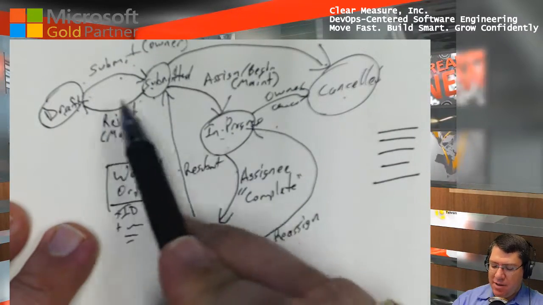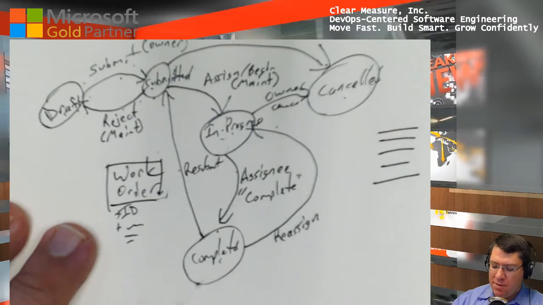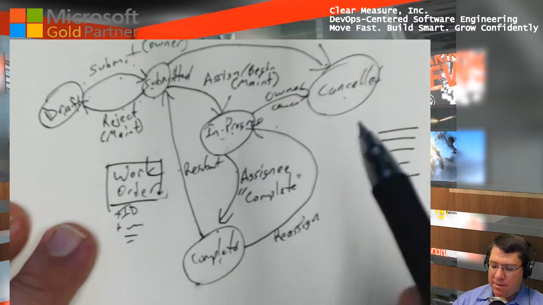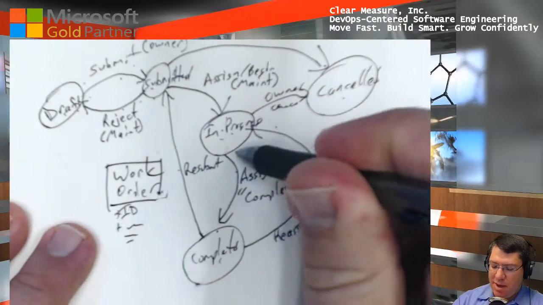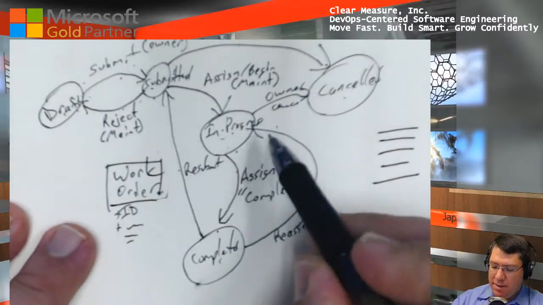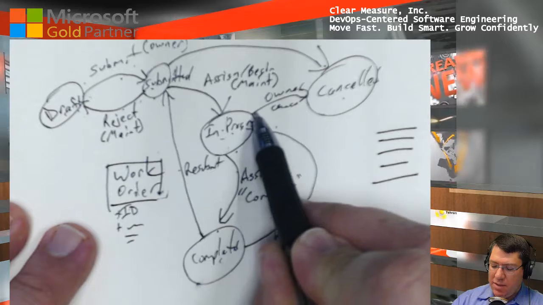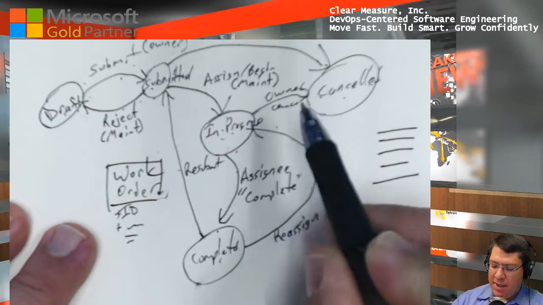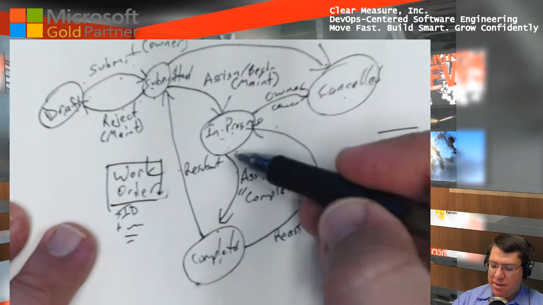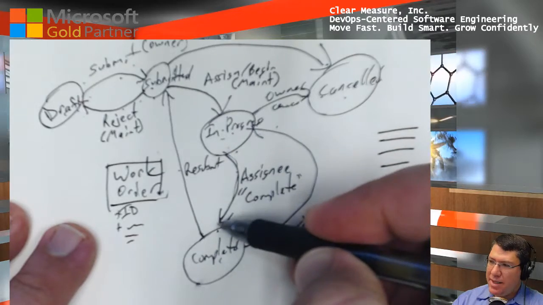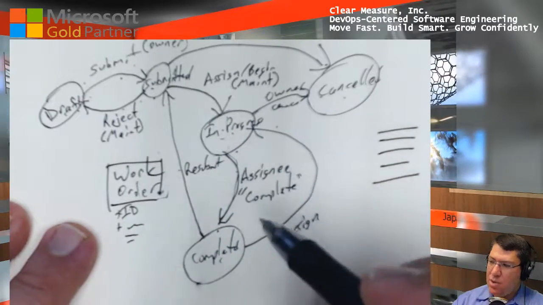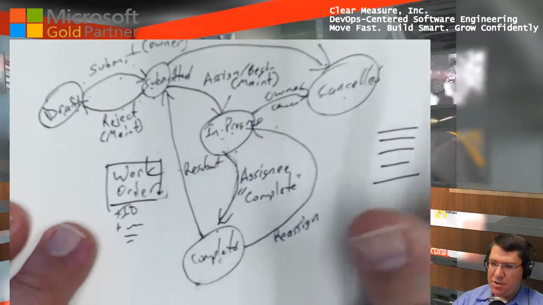And then pass in the current user and the work order. For instance, if it's in progress and the owner is logged in, they'll only see cancel. If the maintenance worker is logged in, they will only see complete, because the code knows if it's valid or not for a particular user.